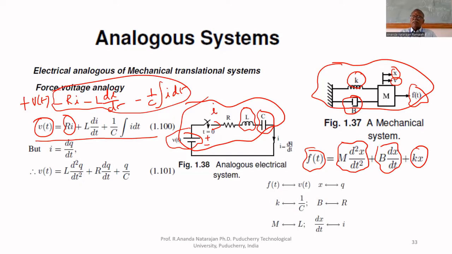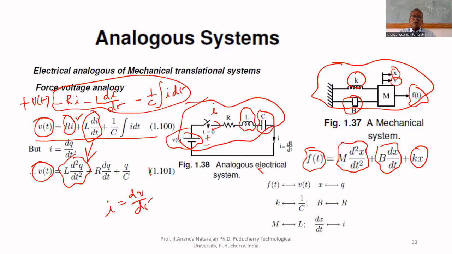If you write in terms of charge, you will get V of t equal to Ri plus L di by dt. We know that I equal to dq by dt. Therefore, this is replaced by L d square q by dt square.